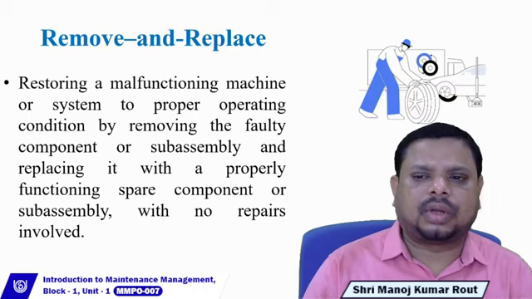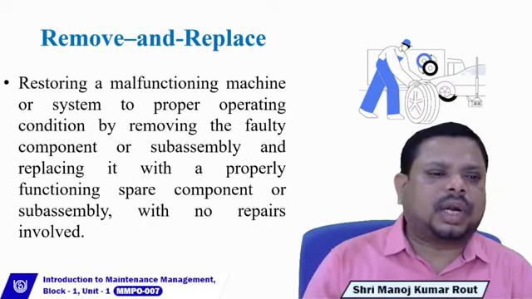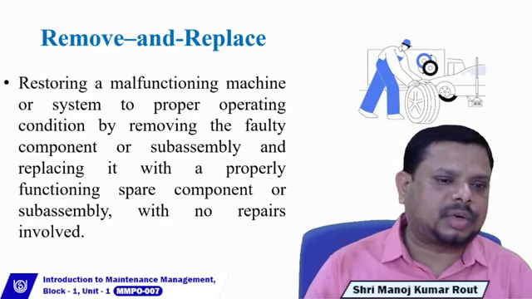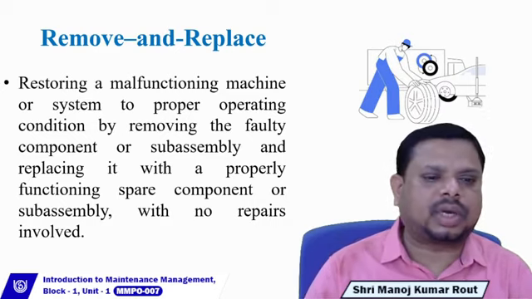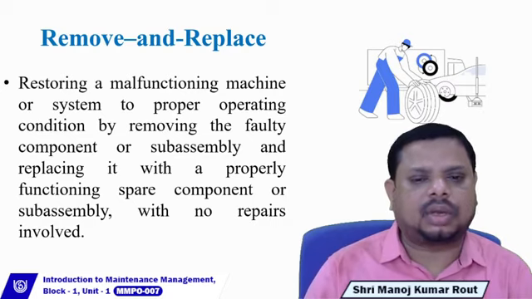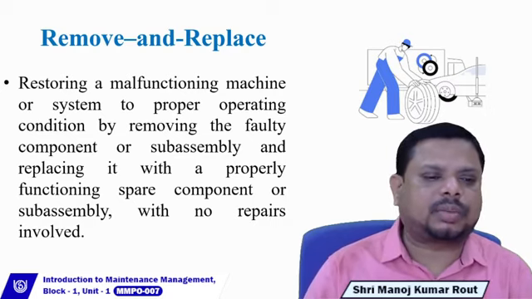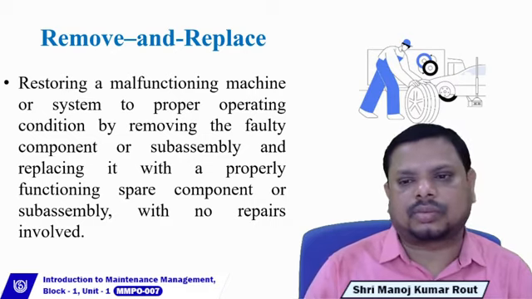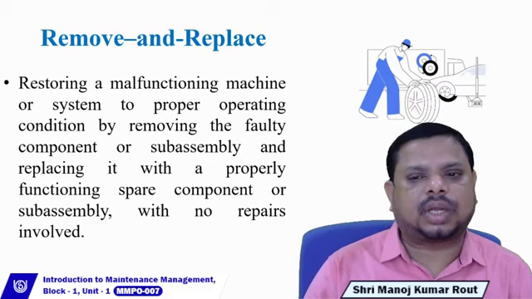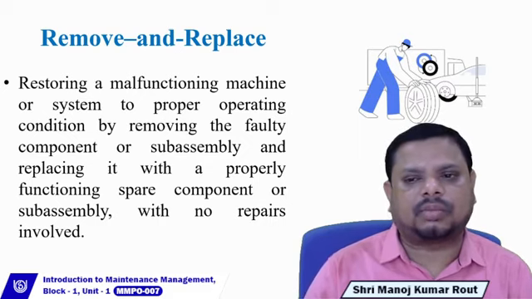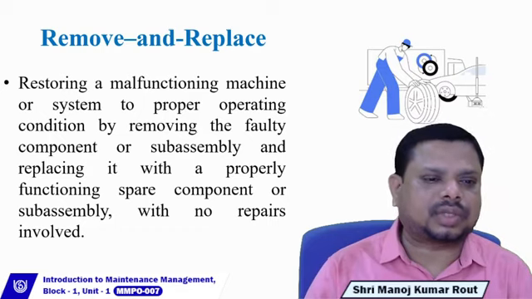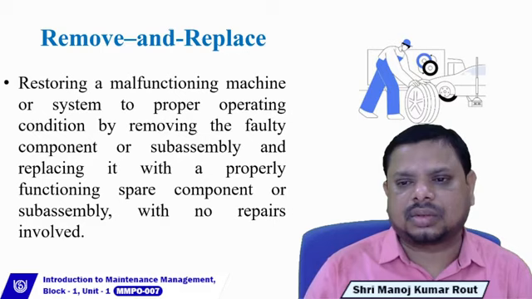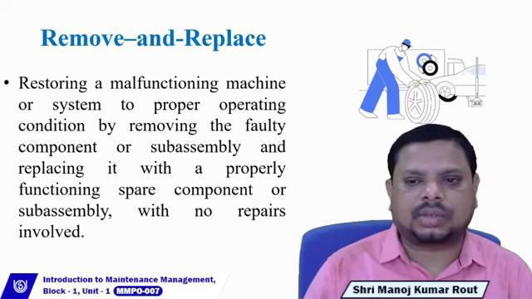So in case of remove and replace, the machine or system is restored to a properly operating condition by removing the faulty component or sub-assembly and replacing it with a properly functioning spare component or assembly with no repair involved. So here no repair is applied by the help of welding, soldering or bridging processes. Here you can simply replace the particular part which has malfunctions, errors, or is damaged.